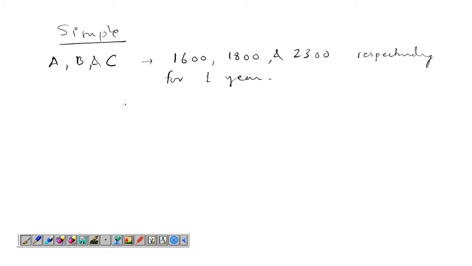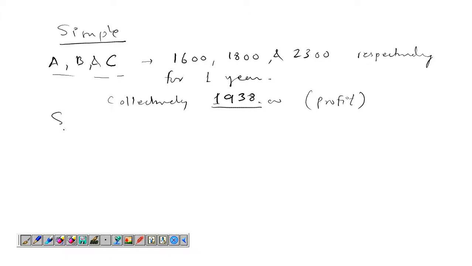And collectively they have earned a profit of 1938 rupees. So this is their profit. Now they have to distribute the profit among these three partners. So what would be the share of each of the partners? We need to find the share of the profit earned by each of the partners.